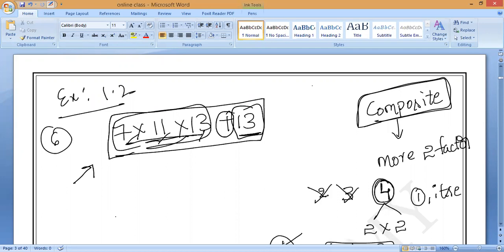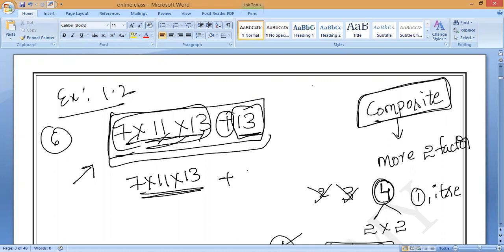How many numbers here? After multiplication we get one number, correct? Plus 13, it means these are two numbers, correct? Understand or not? Yes, ma'am.